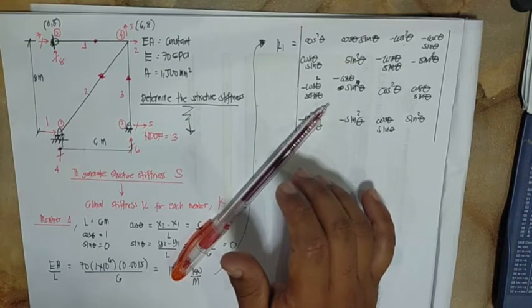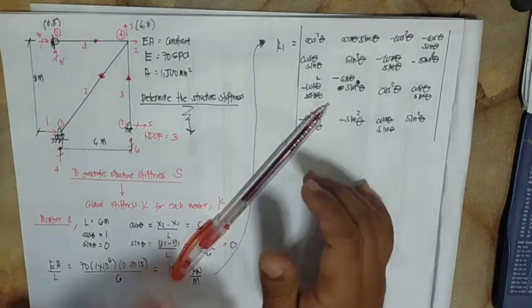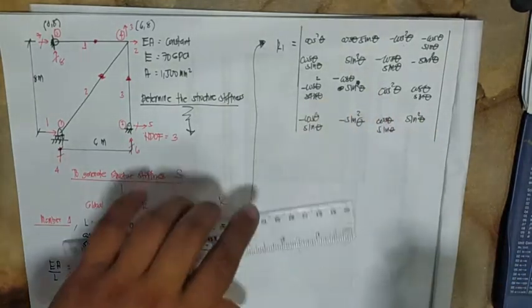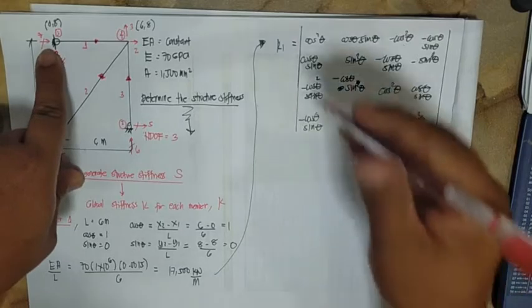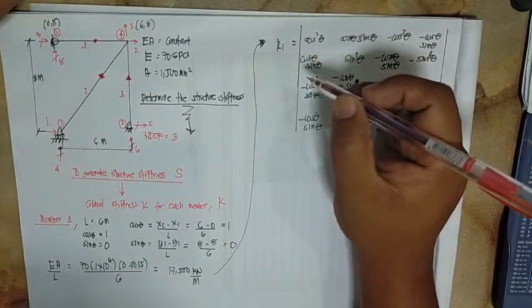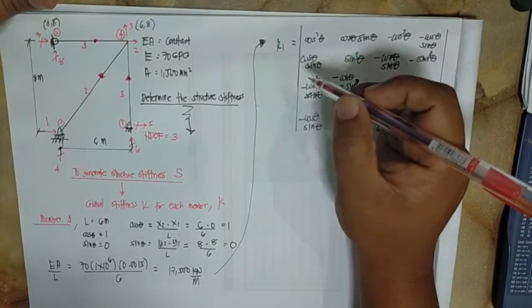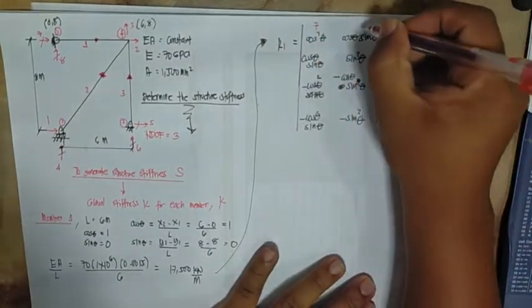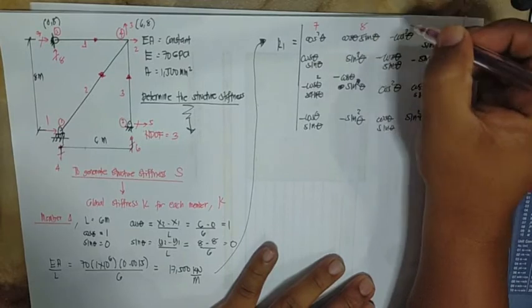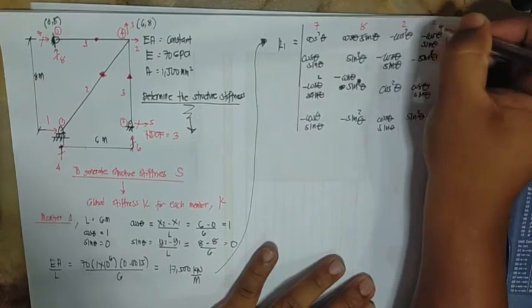At point 4, yeah, it's okay. So here, considering member 1, you can put the designation 7, 8, and 1, 2. 7, 8, 2, 3.